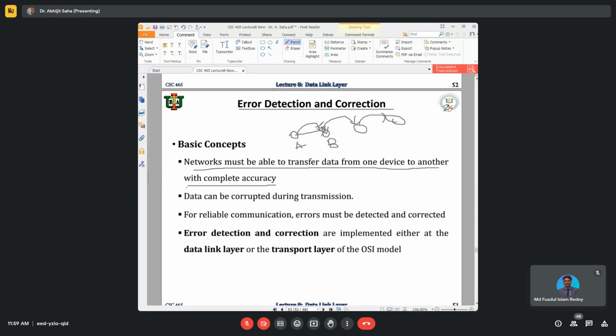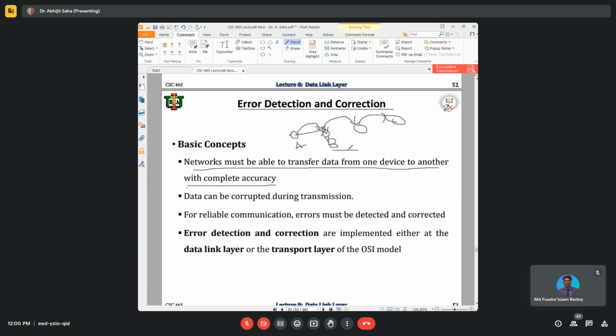If there is an error with the frame and you accept it and forward it, then the correct frame is not going to be received at the destination node. This is why you must check whether the frame you have received in node B has been received correctly or not.